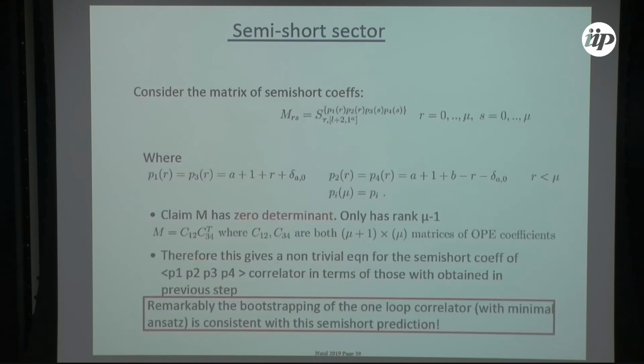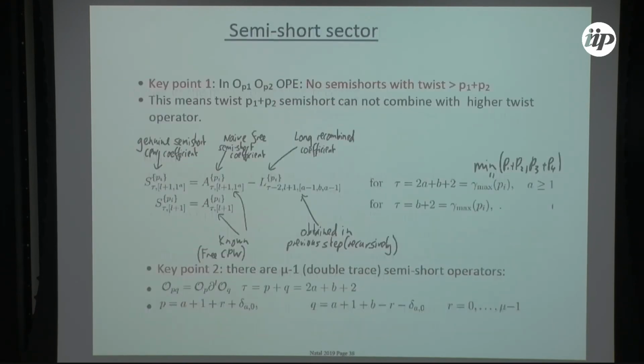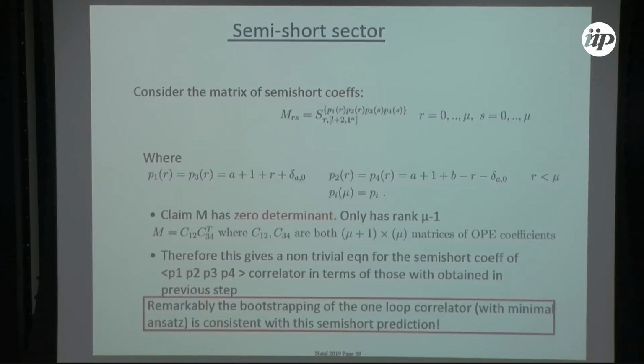Okay, so now what I can do is consider a matrix of correlation functions. This matrix is a mu plus 1 by mu plus 1 matrix. When I say correlation functions, I mean the corresponding coefficients of the correlation functions.